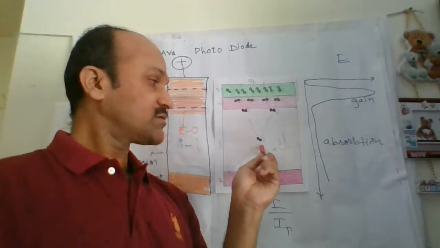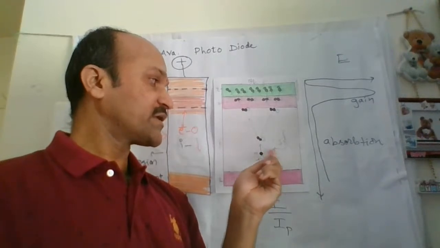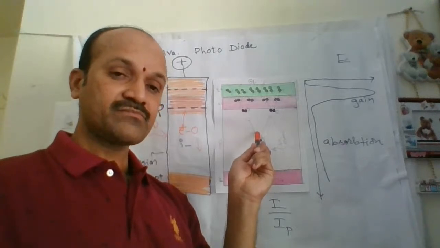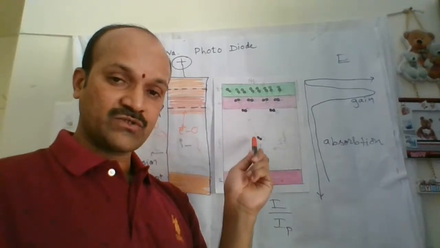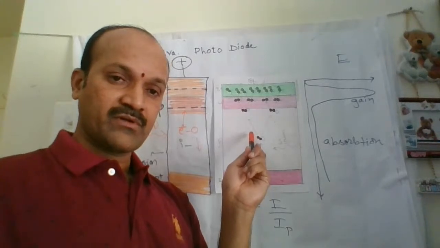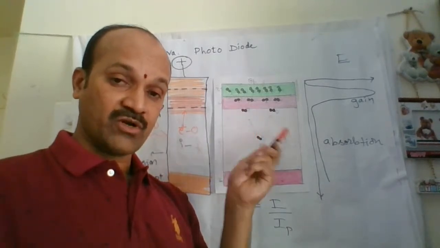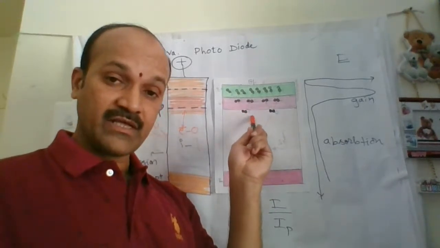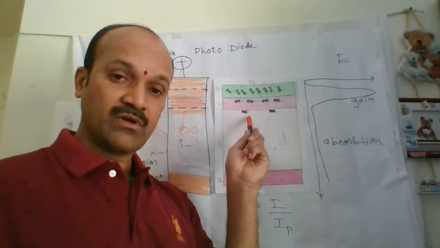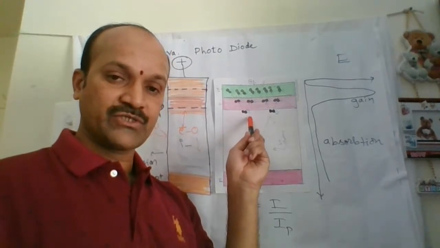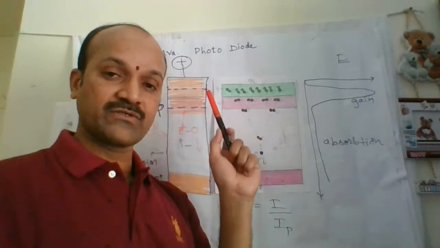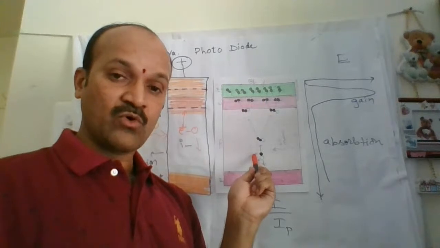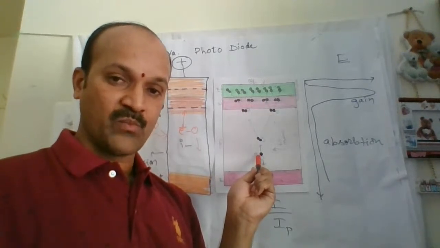The electron hits the lattice, and from that one electron is removed. Ionization takes place. The electron hole pairs created due to ionization are called secondary electron hole pairs. The pair formed due to incidence of the photon is the primary electron hole pair.